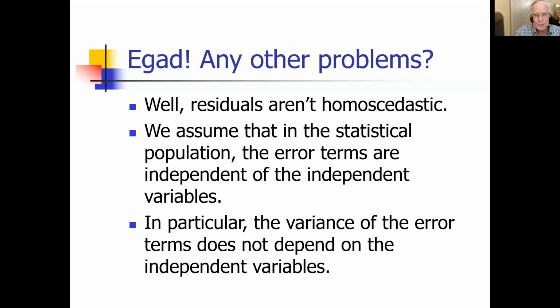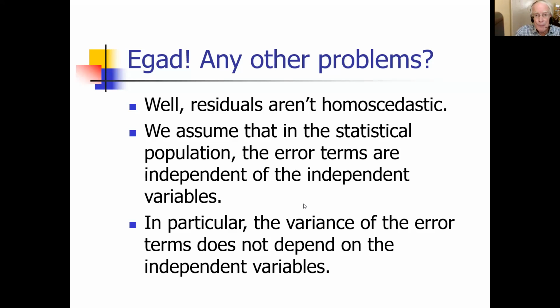So, in short, the error terms are independent of the x variables, the independent variables. This is true for all characteristics of the error terms. They are all independent of x.